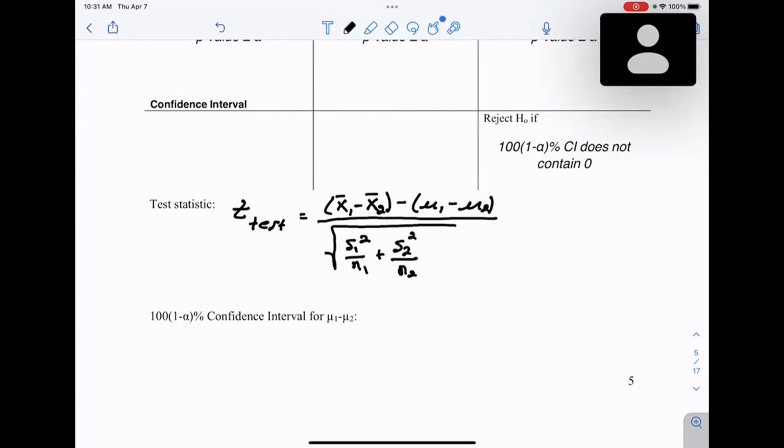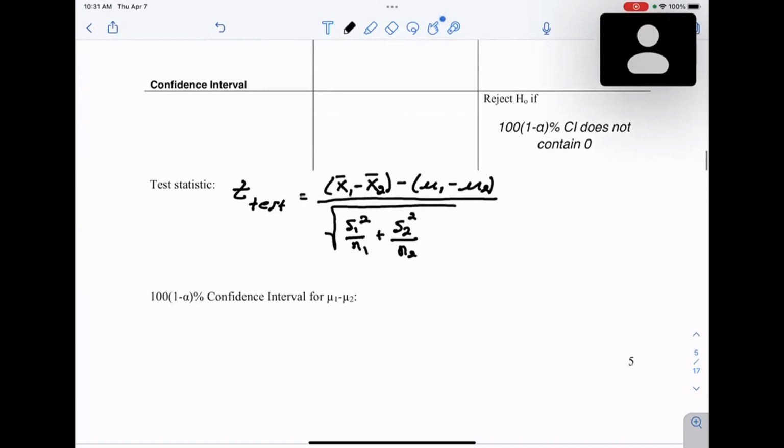So it was the same idea that we had whenever we're doing a z-test. It's just in this case, we don't know sigma 1 and sigma 2. So we use estimates S1 and S2.